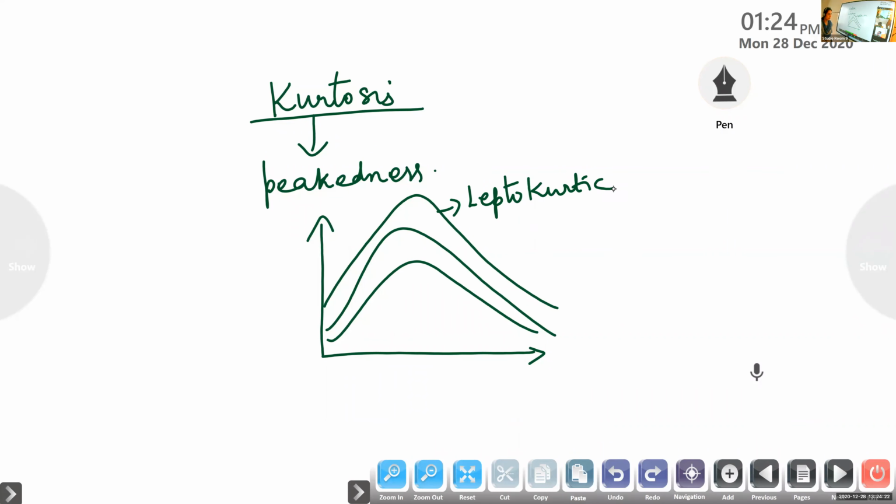The middle one we call mesokurtic. The least one, almost flat, we call platykurtic.